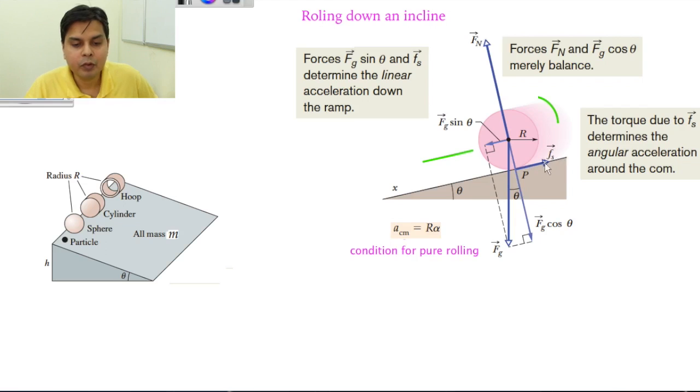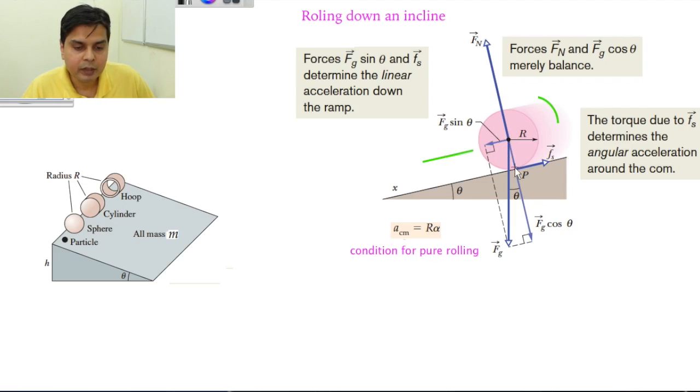Now you can ask why and how I have taken the force of friction acting in this way. Very good question. Whenever you have to find the direction of the force of friction, you concentrate on the point of contact, the relative motion between these two surfaces. When this object is kept here, there is a tendency to slide downward because of gravity.